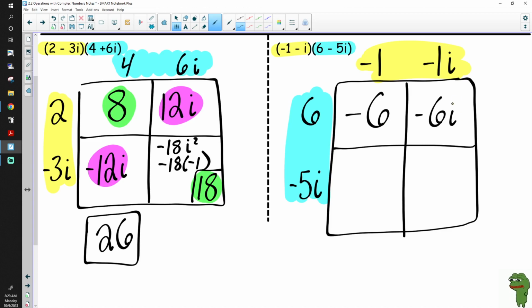In my bottom left box, I have negative 5i times negative 1. 5i. And the tricky box, where I'm going to write small so I can simplify, negative 5i times negative 1i. 5i squared, and our i squared becomes negative 1. So 5 times negative 1, negative 5.